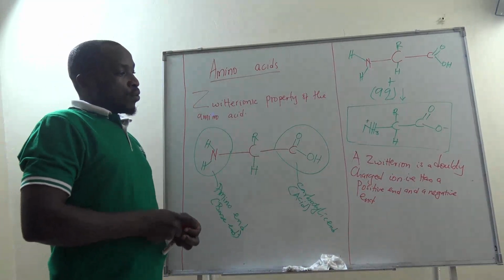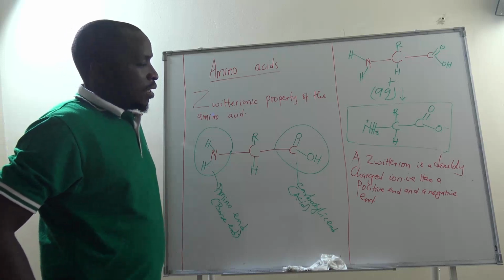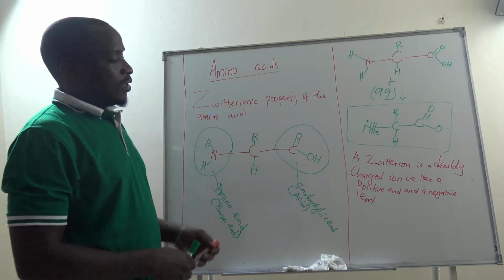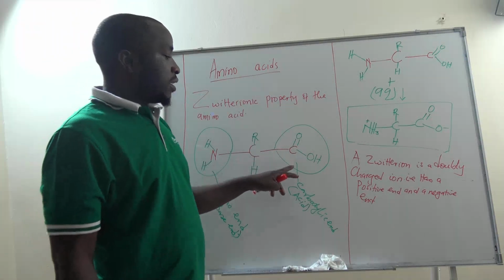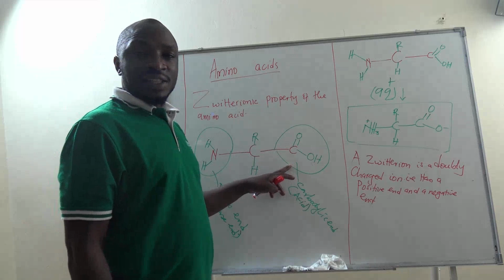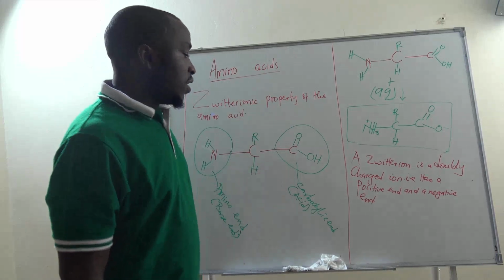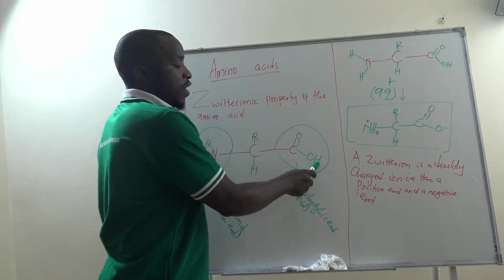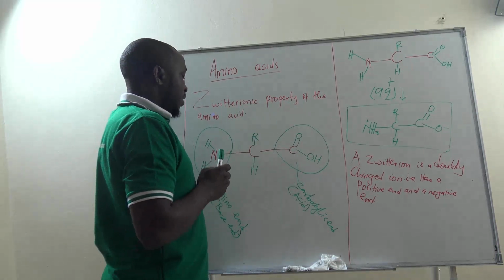So all proteins, once they get into contact with the water, the carboxylic end ionizes like how acids do. When acids are dissolved in water, they give hydrogen ions as the only positively charged ions.